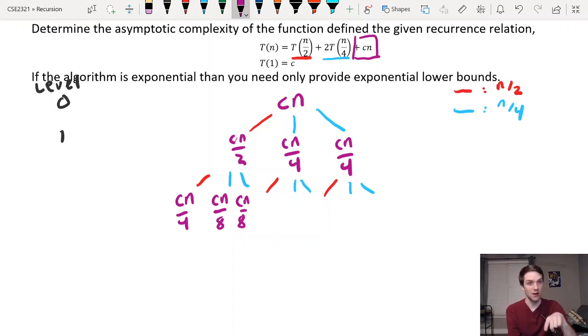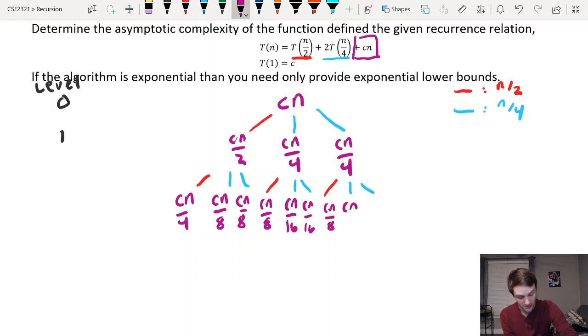For the middle branch, for the red path afterwards, I'm taking my problem of size n over 4 and dividing it by 2, and getting a problem of size n over 8. Then the two blue branches, I'm dividing it by 4, so I'm getting problems of size n over 16. And the far right branch there is the same as the middle branch, so we have Cn over 8, Cn over 16, and Cn over 16.